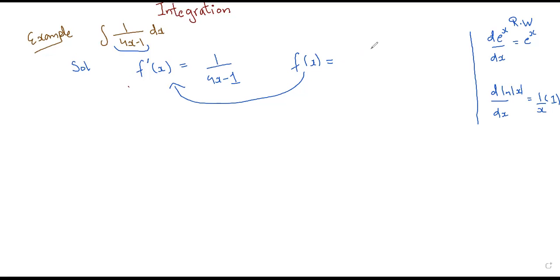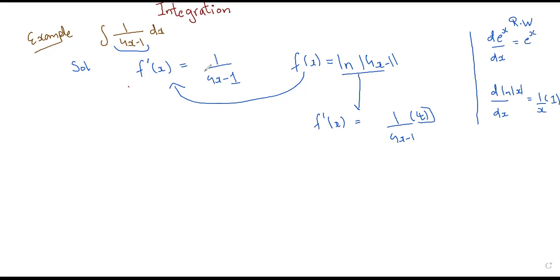Okay, I'll tell you. What if we had natural log of 4x minus 1? The derivative in this case would have been 1 over 4x minus 1 into 4. The derivative of this function would be multiplied in the numerator, right? Do you remember this derivative? Yes.